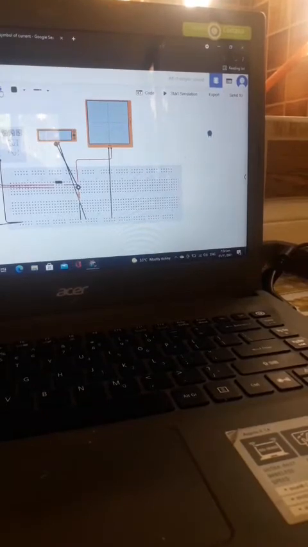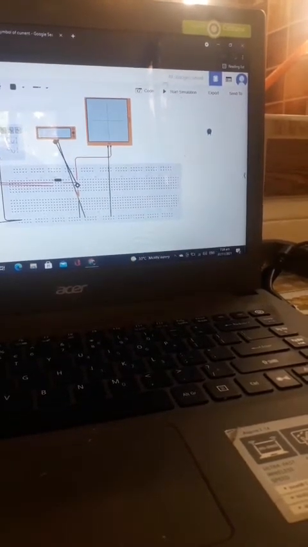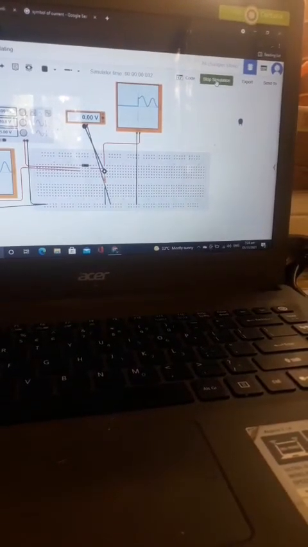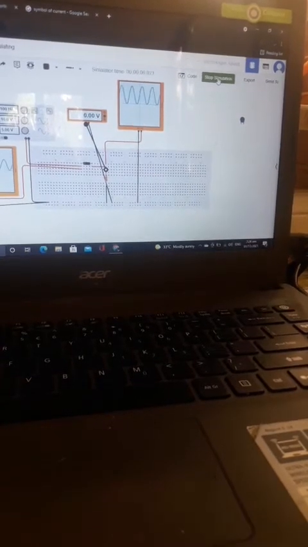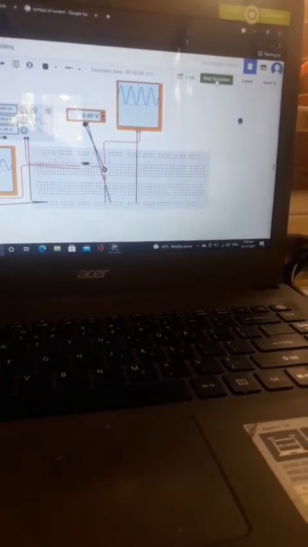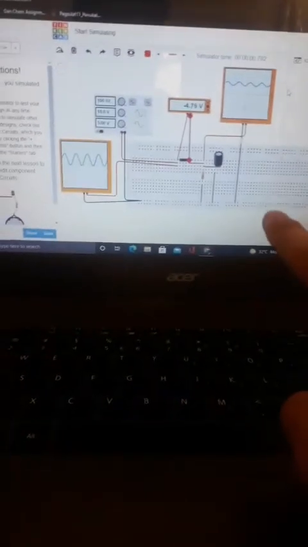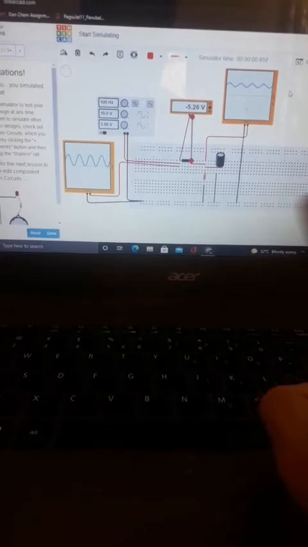So start. There is none. This time we're testing with a polarized rectifier capacitor.